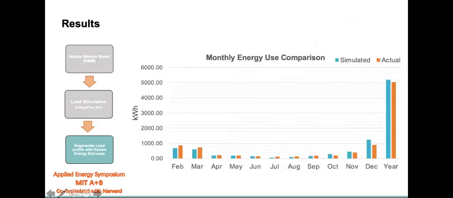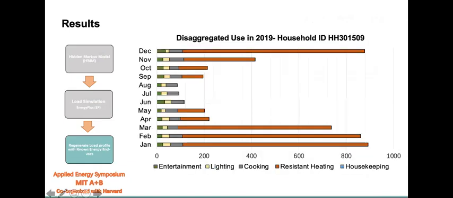In this graph, the monthly amount of actual and simulated energy use of one of the houses are compared. The difference is small, as you can see, which can be a proof of the accuracy of the extracted activity chain from the hidden Markov model. This chart is showing the end users categories resulted from the simulation for different months of the year.